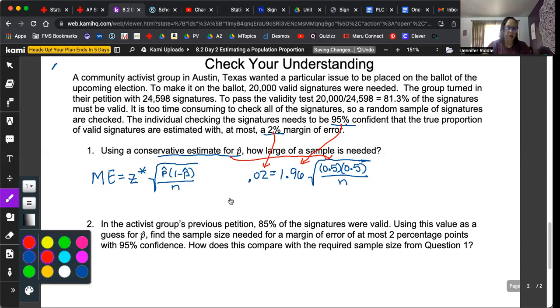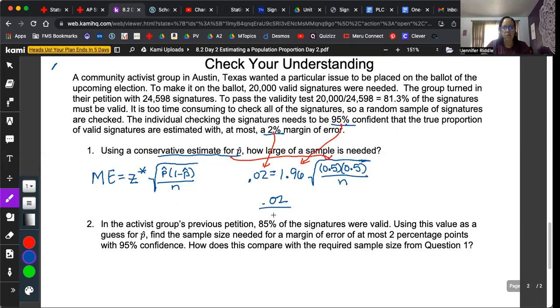All right, so then solving for n, okay? We start by dividing out the 1.96, so I'd have 0.02 divided by 1.96 equals what's under the square root, okay?